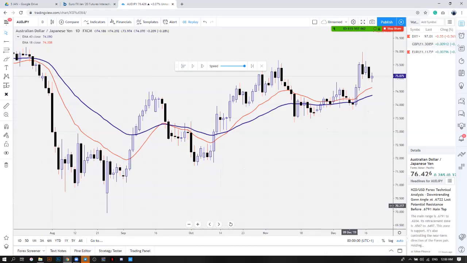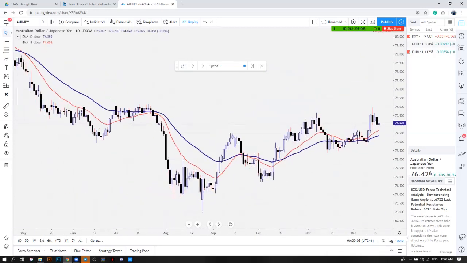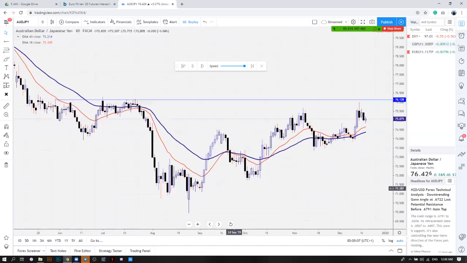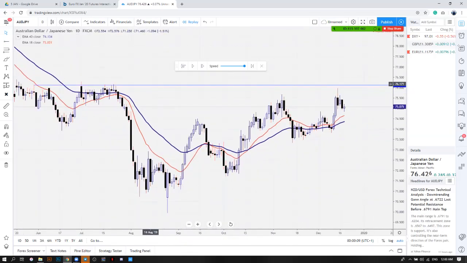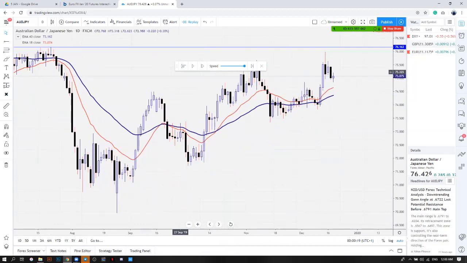So what we're going to do now is there's a clear level. I want to see the market reach for this level. Why do I want to see the market reach for this level? What is resting above that level? Let's get your replies.